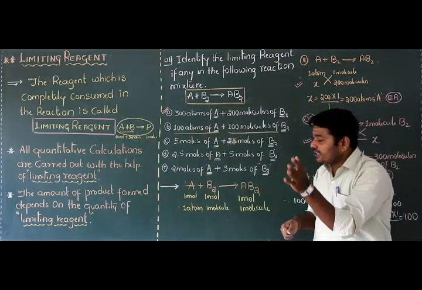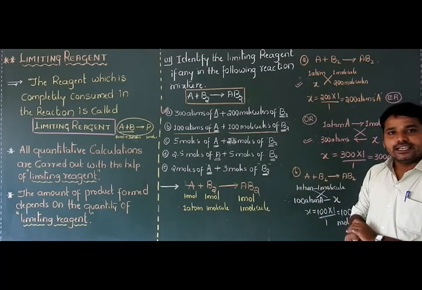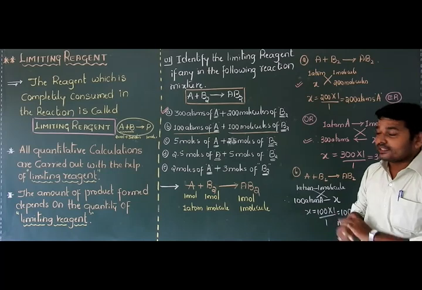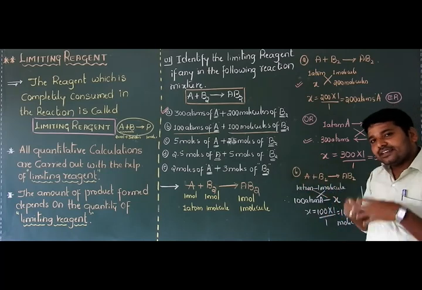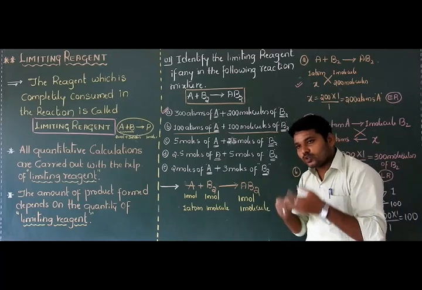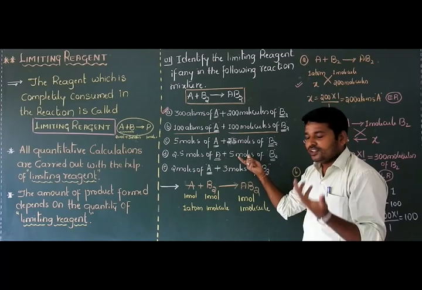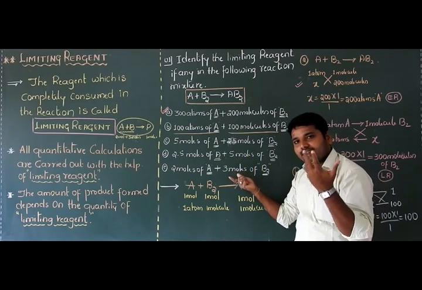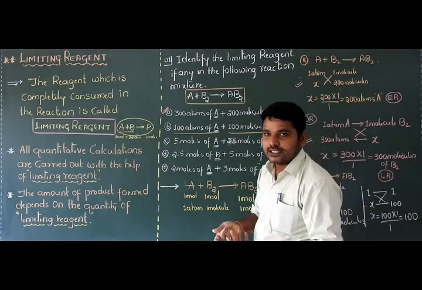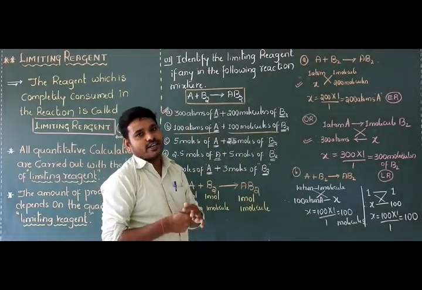Because both are the same: the same number of atoms and the same number of molecules are available in the problem. Therefore, in this second problem neither reactant A nor reactant B2 acts as a limiting reagent, students.